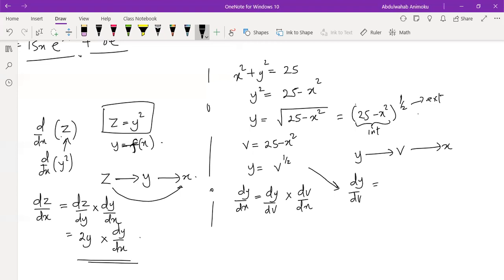So you're going to have 1 over 2 here, v raised to the power 1 over 2 minus 1. We reduce the power by 1, and that will give us 1 over 2 v raised to the power minus 1 over 2. So you can simplify this. The intermediate step here is just writing v raised to the power minus 1 over 2, which is equivalent to this. Okay, so basically we have 1 over 2 square root of v as dy dv.